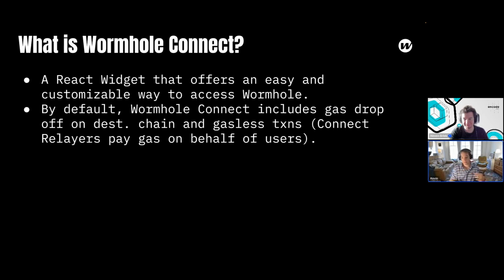But let's talk a little bit about where Wormhole Connect might typically fit. One of the most common use cases that I see is that if you're running a DEX, let's say on a new chain, you'd like users to come and bridge over to that chain, and you'd like them to use your DEX.